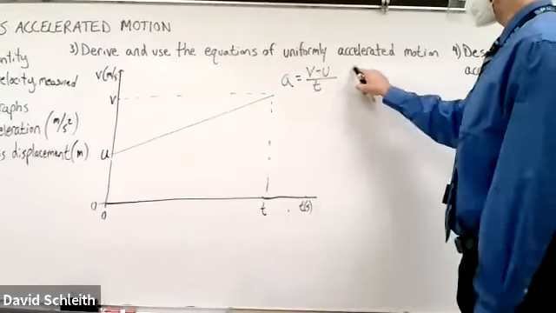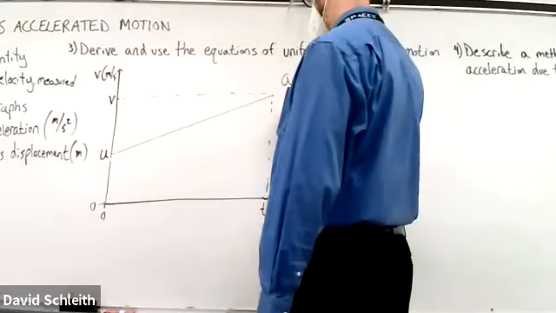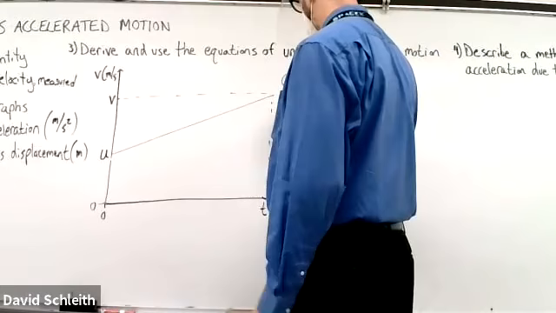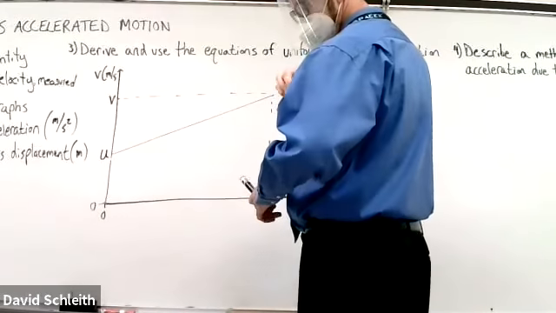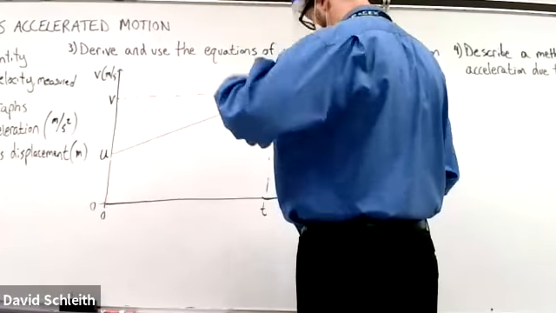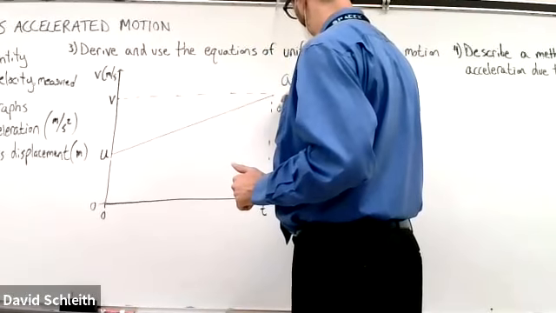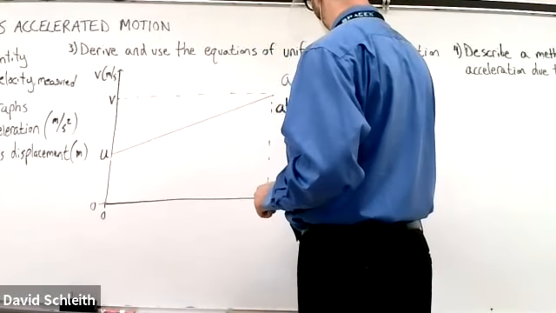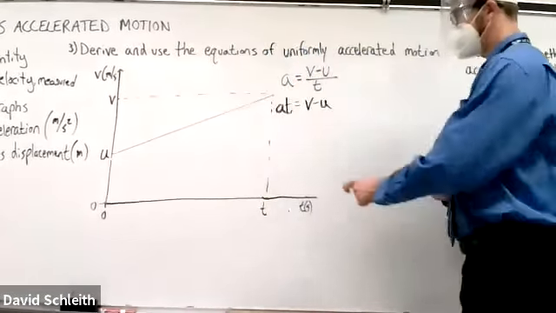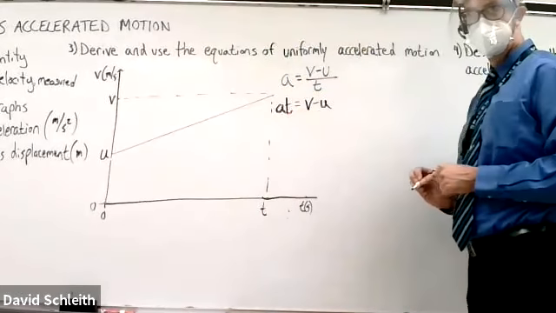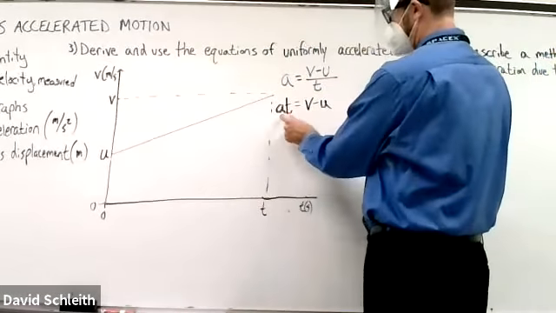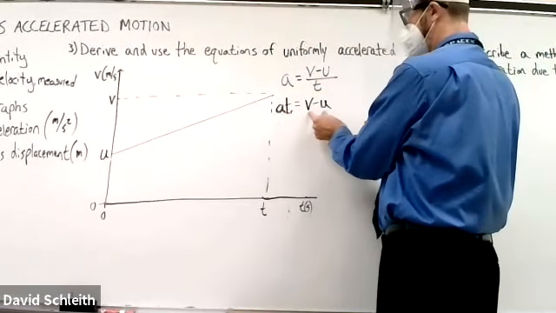And so multiply both sides of this by t, and we get at equal to v minus u. And that's something useful to keep in mind for later, that the product at is equal to the difference v minus u.